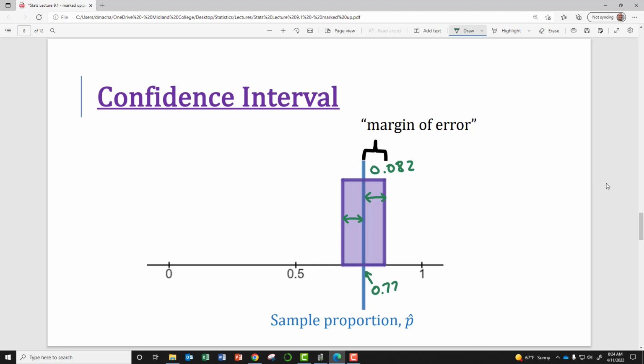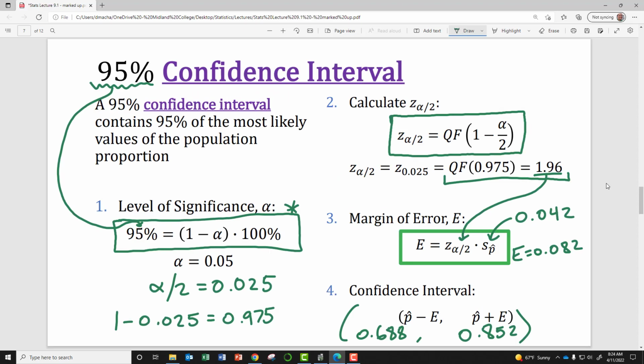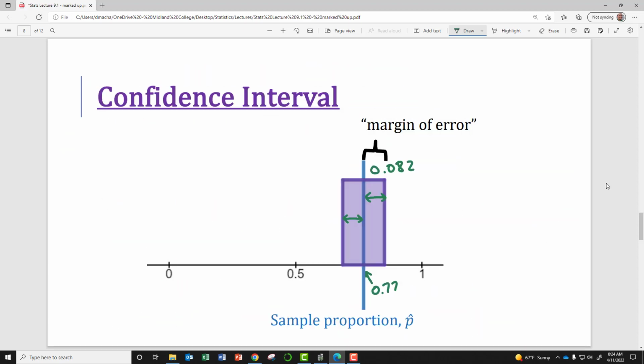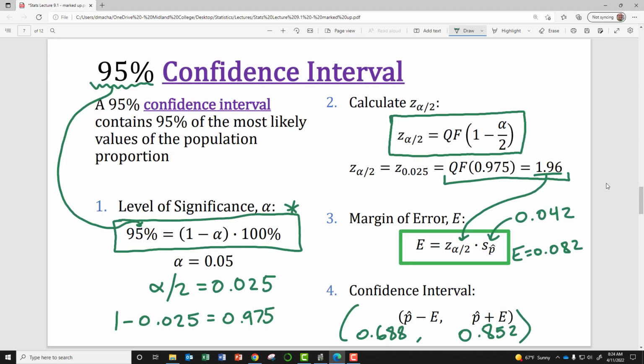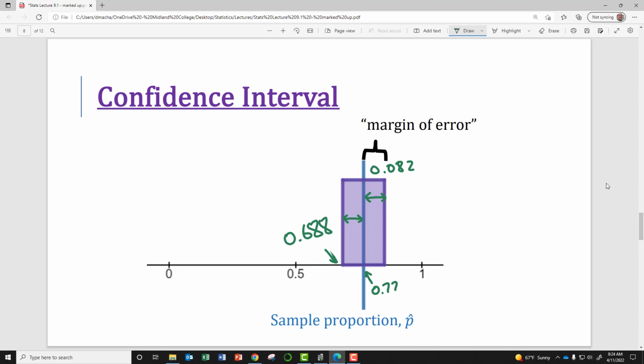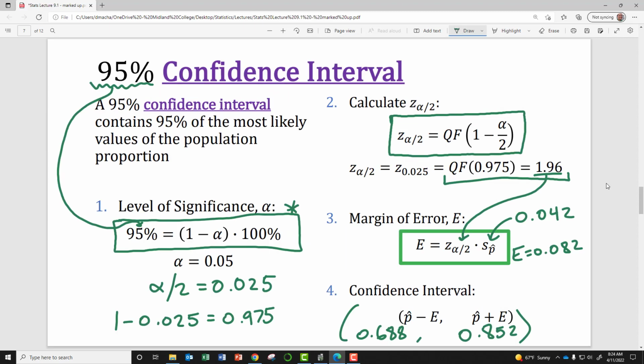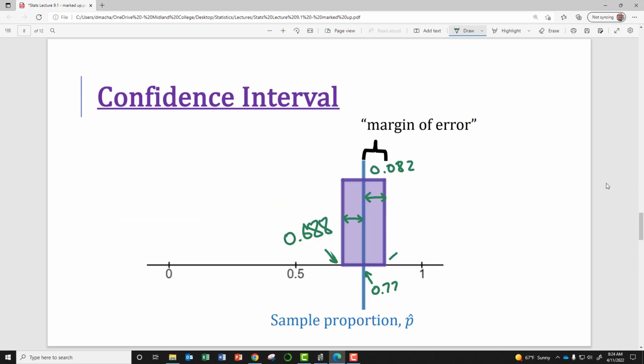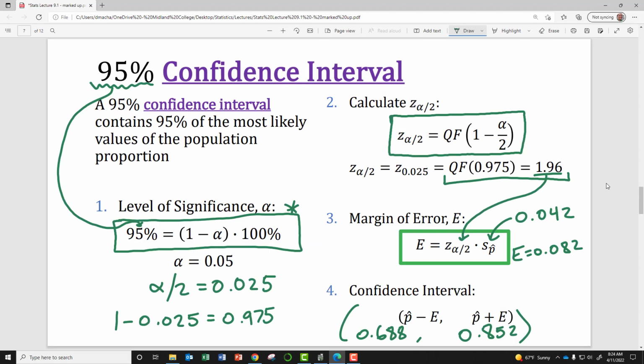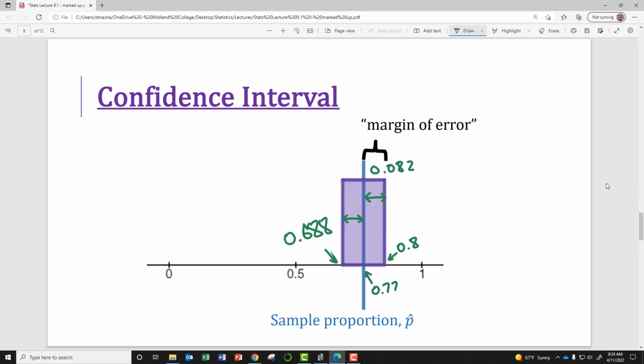And so the way you interpret this, you're looking at this purple region, you say, I have 95% confidence that my true population proportion, if I were to somehow survey all of the students at Midland College, will fall between 0.688 and 0.852. Just calculating the sample proportion doesn't tell you the true population proportion. That's still a little bit unknown to us.